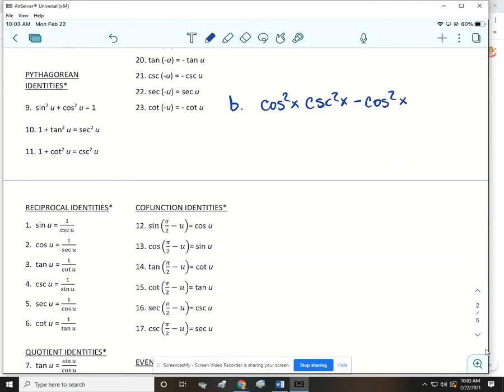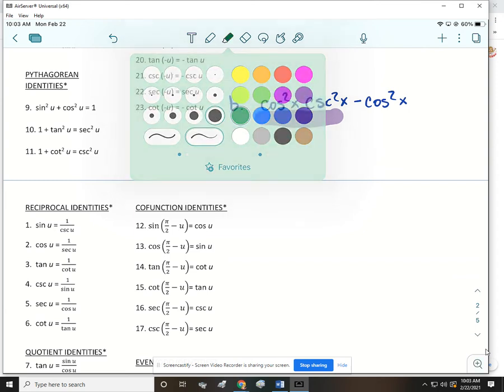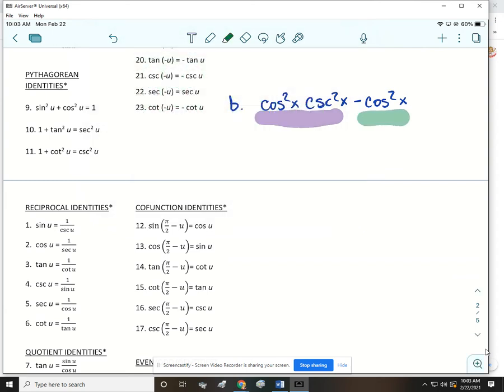Now, one thing that we do a lot with this factoring is factor out a common factor. That is super, super common. And so what we have here is a situation where we are going to factor out a common factor. So there's actually two terms. One is in front of the minus sign, and then one is after the minus sign. And so what we're trying to find is what those have in common.